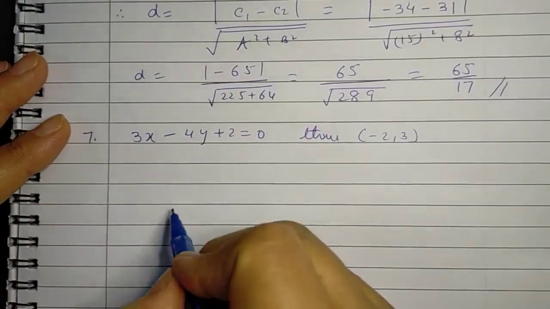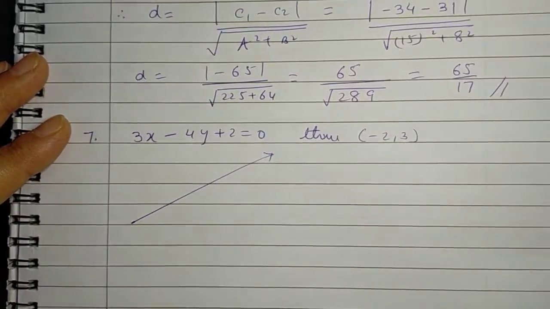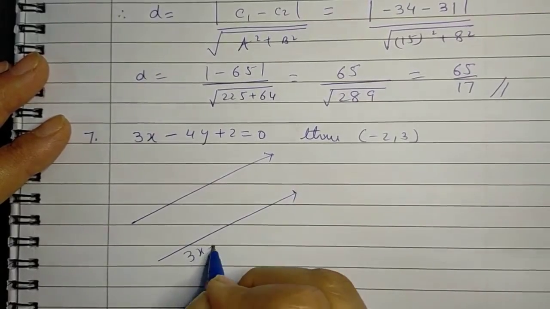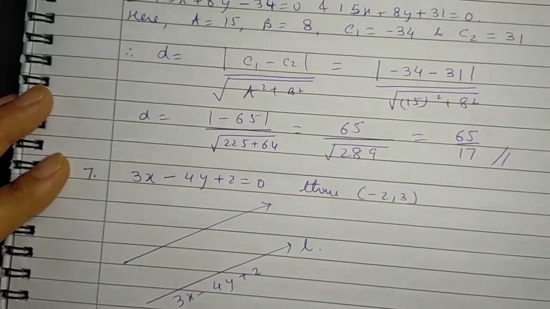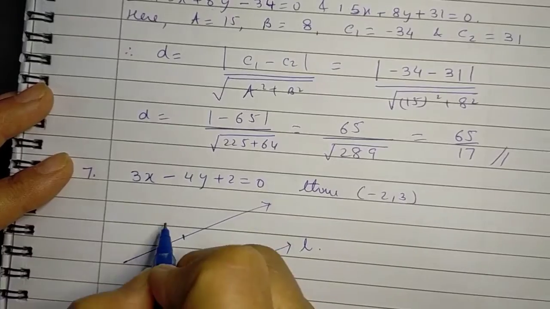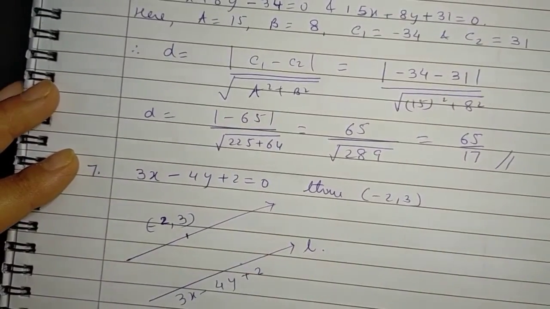Now here we are required to find a line which is parallel to another line 3x - 4y + 2 = 0. This is the line which is given to us, and the required line is parallel to this and passes through (-2, 3).